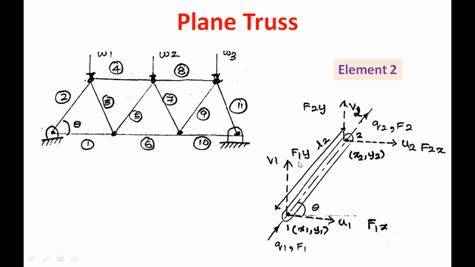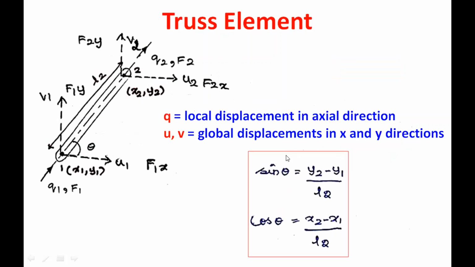Force f1 will be resolved along x axis f1x, along y axis f1y. Similarly, at node 2 we have force components along x axis f2x, along y axis f2y. Now first we are going to make the relationship between the local displacement q and the global displacement u, v. Let us see that simple derivation.